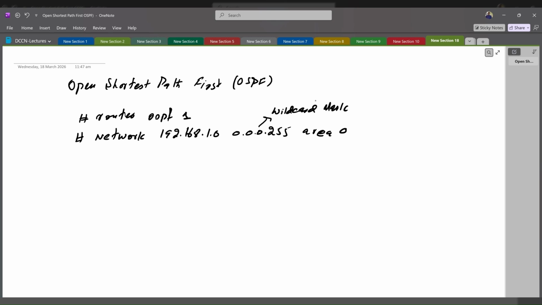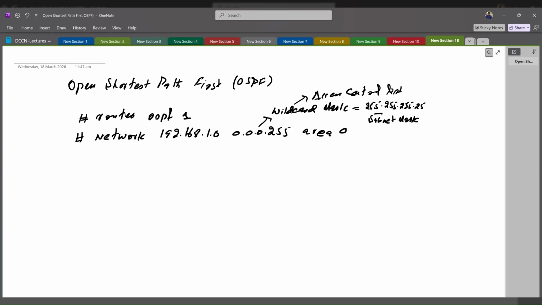It is widely used, by the way, in access control lists. It is calculated by subtracting the subnet mask from 255.255.255.255. Its use is immense when we talk about the access control list.